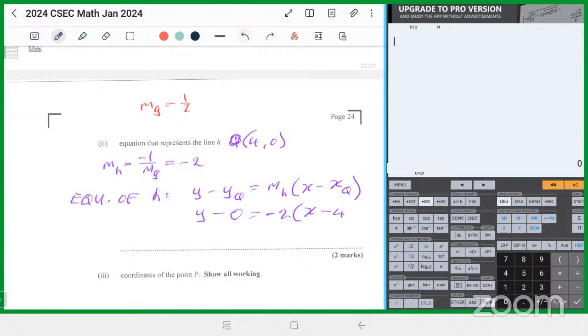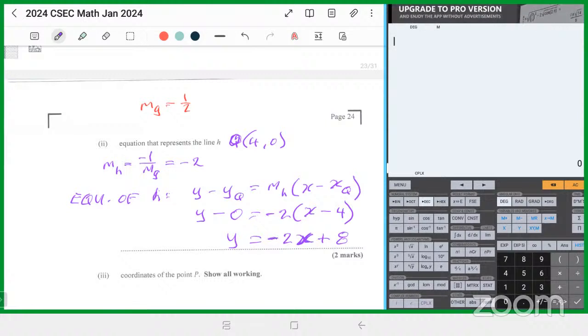Let's write the 4 better. And so this side just remains y. y minus 0 is y. Then -2 times x is minus 2x. And then -2 times -4 gives me a +8. And so that is the equation of the second line.